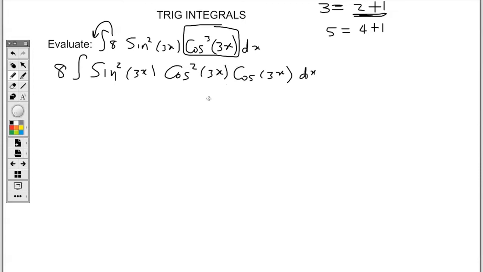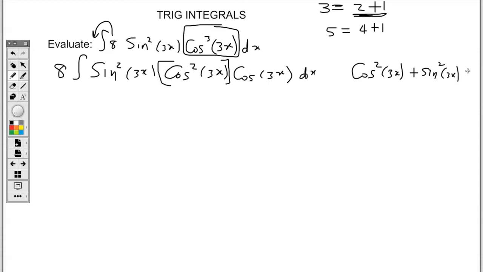So after decomposing it, my interest is now to use the trigonometry identity where cos square 3x plus sine square 3x is equal to 1. So the identity that we're used to is cos square x plus sine square x is equal to 1.